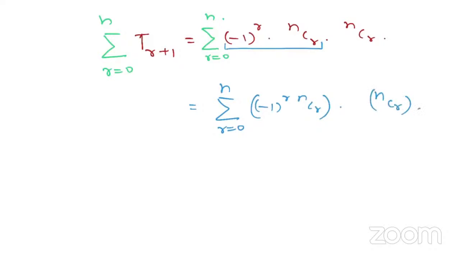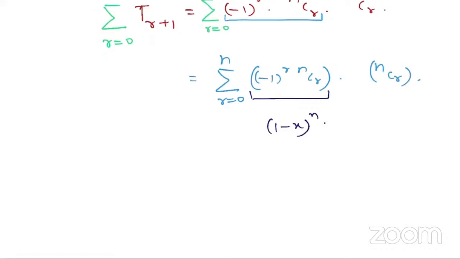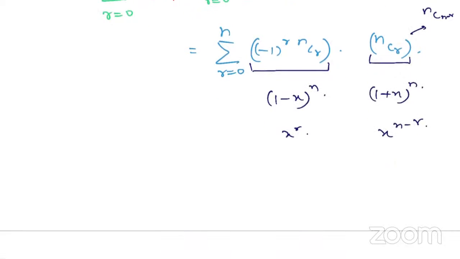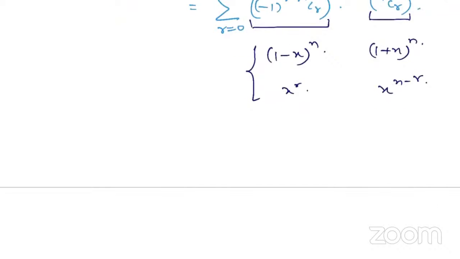We know that by concept, this is nothing but in the expansion of 1 minus x to the power n, coefficient of x to the power r. And we can rewrite this, because we know that nCr is same as nC n minus r. So in the expansion of 1 plus x to the power n, coefficient of x to the power n minus r, right? From both these, we can rewrite this as 1 minus x squared to the power n.